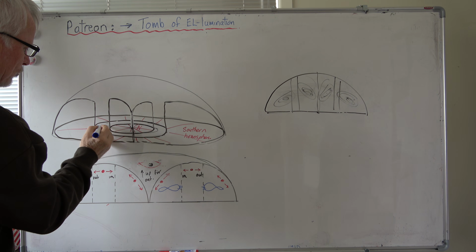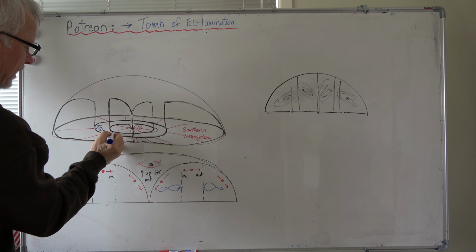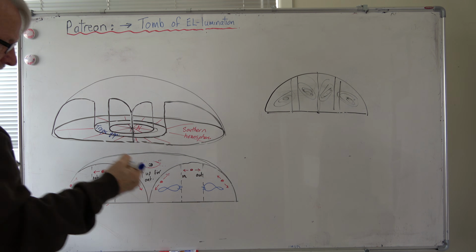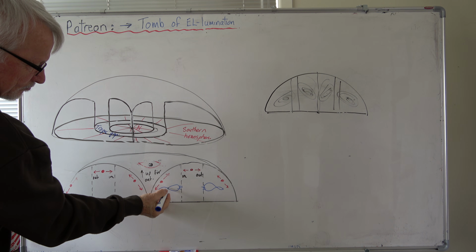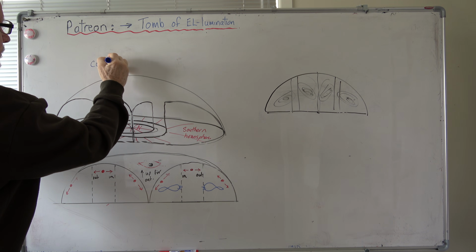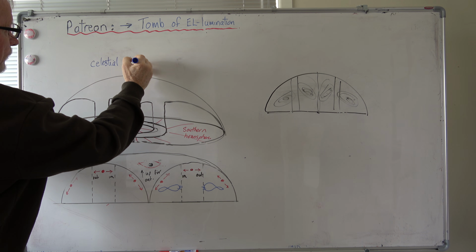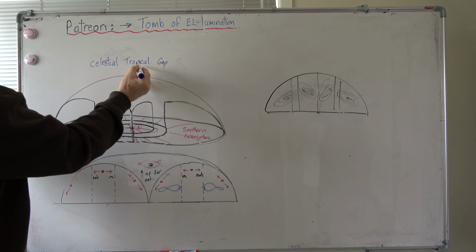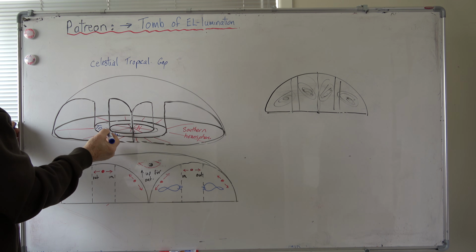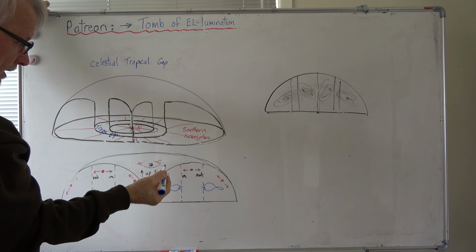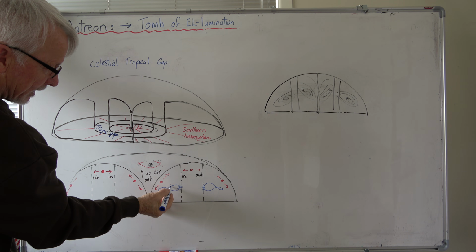In the tropical gap. Okay? The tropical gap, the celestial tropical gap, is not actually directly over the equator, the tropics, because the equator is back here, the equinox.